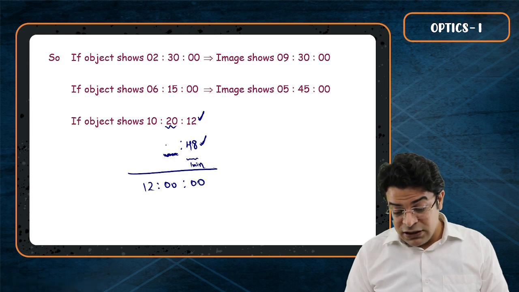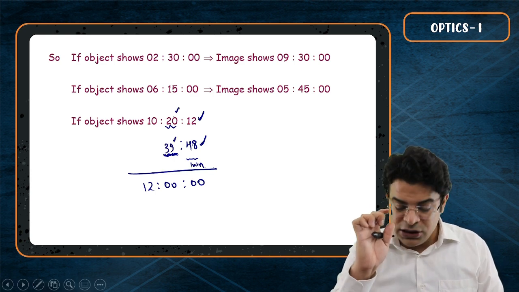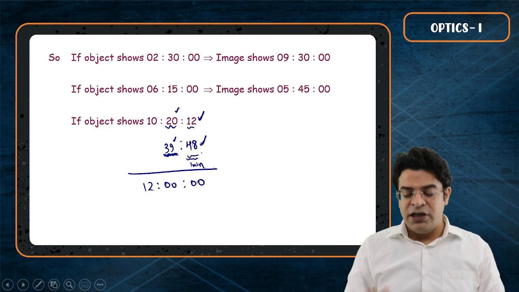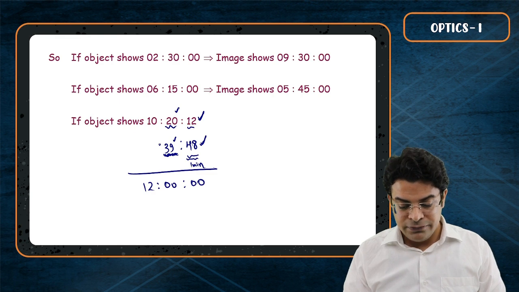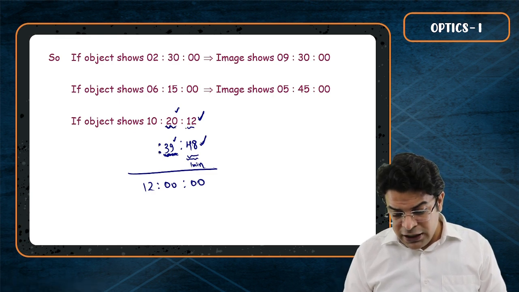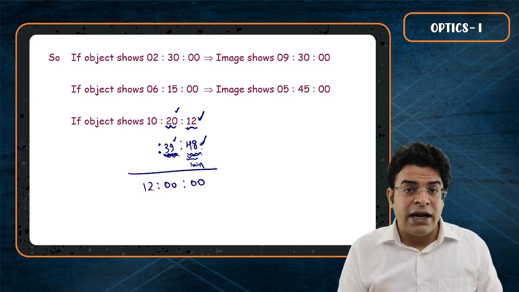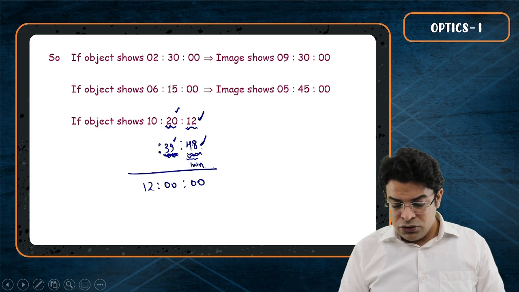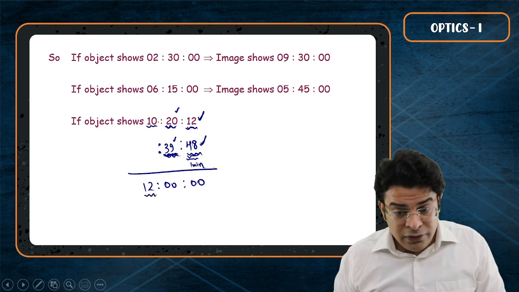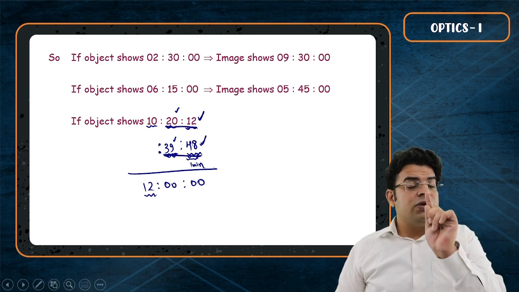You will say, sir, 39 minutes. 39 plus 20, 59 minutes. 59 plus, due to this 12 and 48, you will get one excess minute, and this becomes 60 minutes. Sir, this 20 minute 12 seconds plus 39 minute 48 second becomes 1 hour. So we have to complete 12 hours. 10 hours are already there. 1 hour due to this minute and second. So I just need to add one more hour.